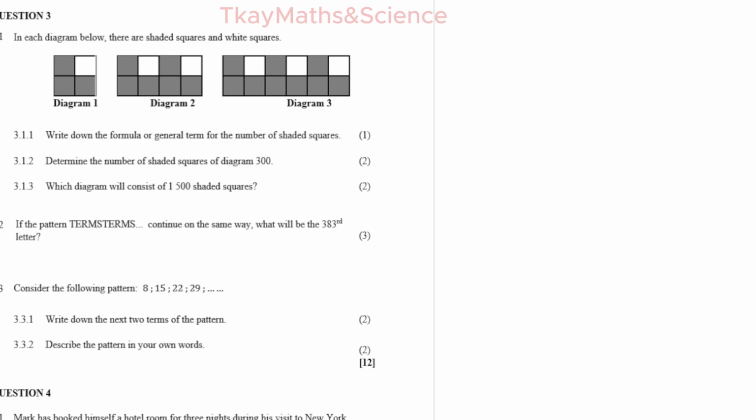Okay. So now what sequence do we see here? Okay, in diagram 1, we got 3 squares, which are shaded. In diagram 2, we got 6 squares. In diagram 3, we got what? 9 squares. So the sequence is what?